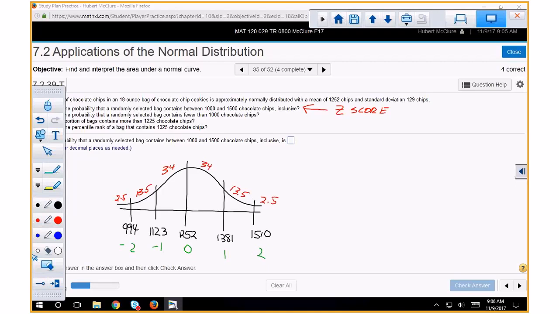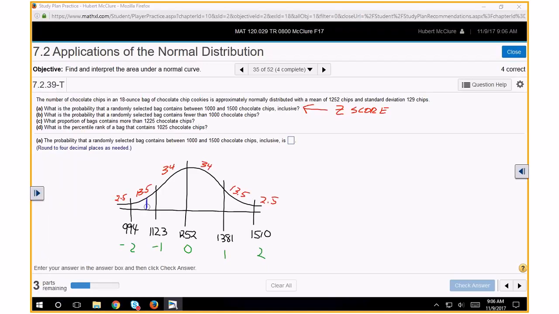is right in here somewhere. I'm just going to put 1,000 right there, and 1,500 is right in here. Now go ahead and figure out by common sense. We know that 68.5 plus 68.5 is 73. Somebody check me. 73 and add 12.